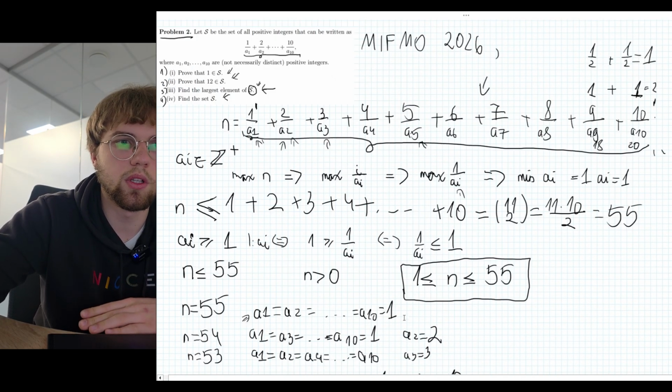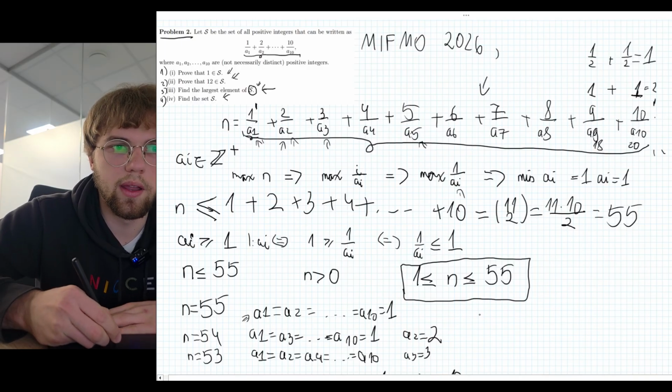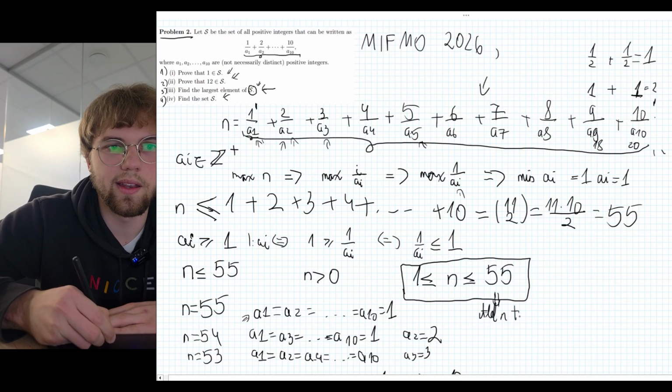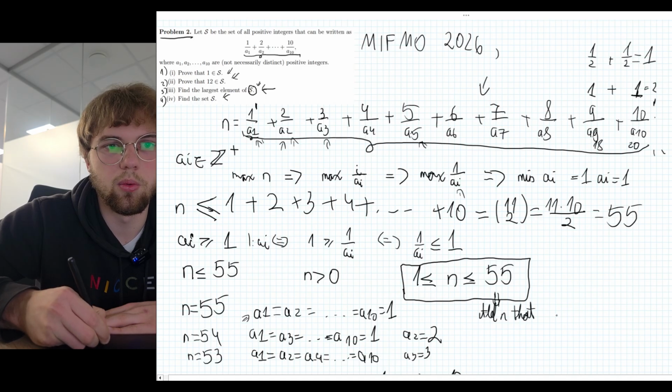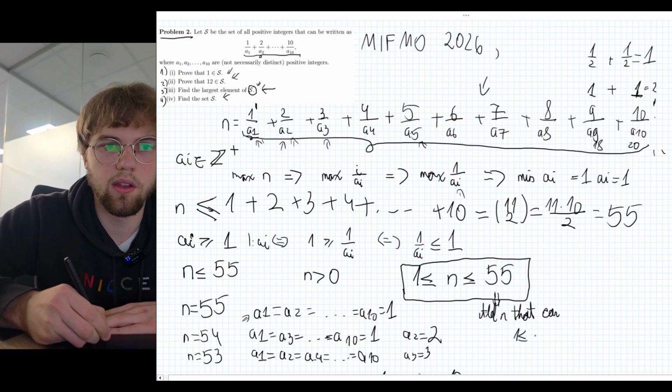So what we've shown is that all n that can be written in this form must be in this interval.